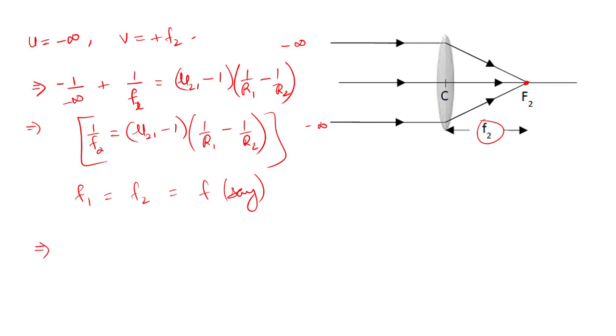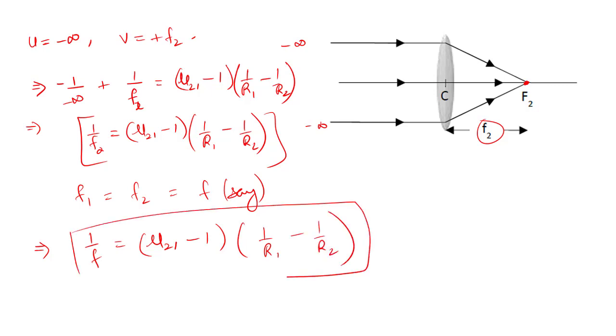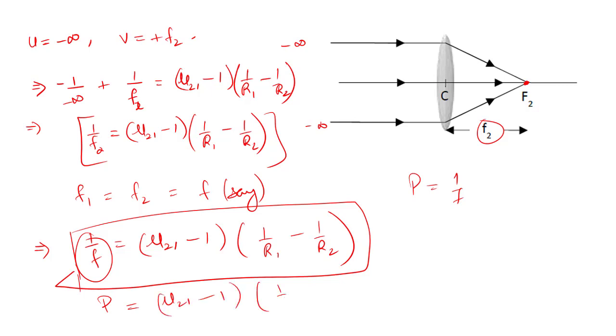So we can write 1 by f equals mu21 minus 1 times 1 by r1 minus 1 by r2. This is the lens maker's formula. And also 1 by f is equal to power. Power is equal to 1 by f. We can replace 1 by f with P. P equals mu21 minus 1 times 1 by r1 minus 1 by r2.